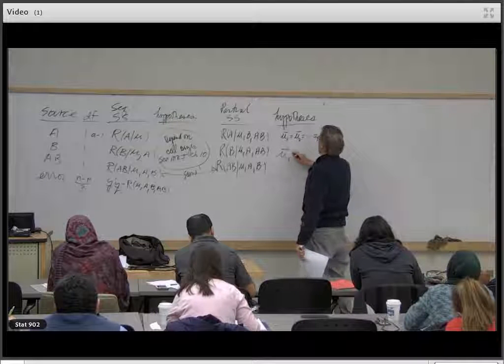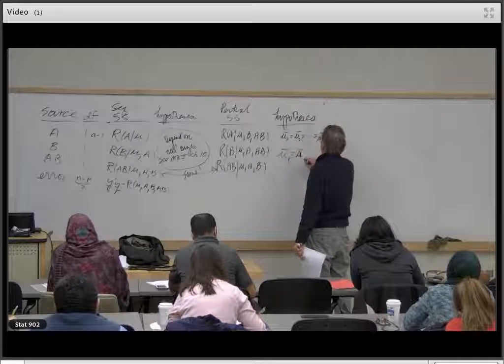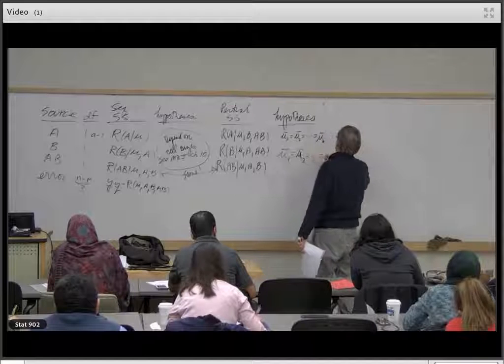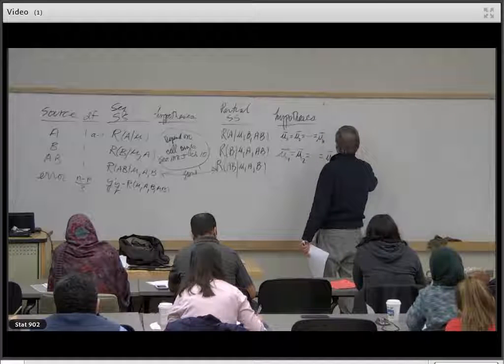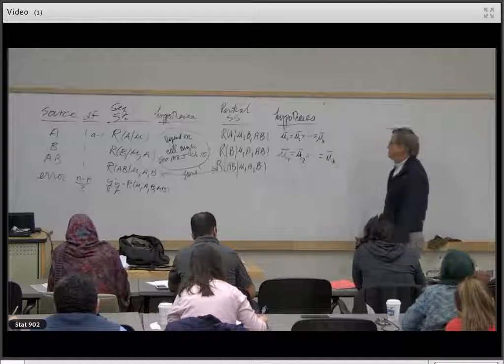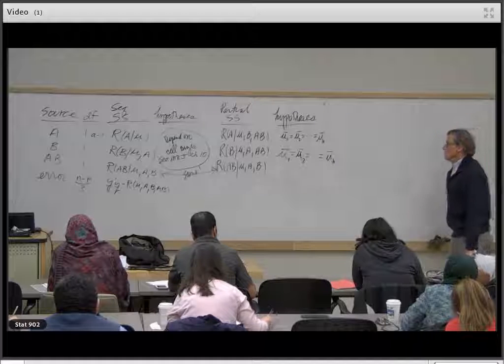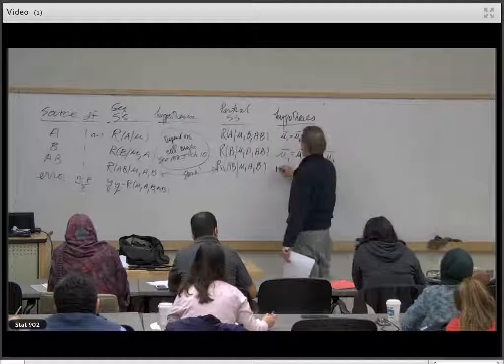So this would be mu bar dot 1 equals mu bar dot 2 equals mu bar dot B. And of course, the hypothesis here is no interaction.